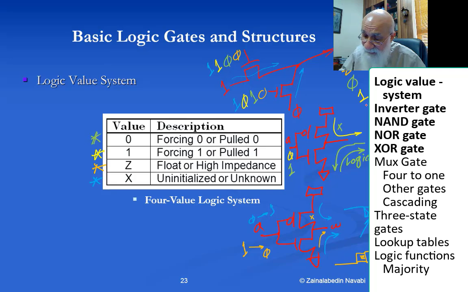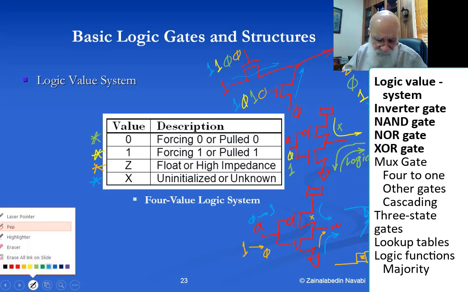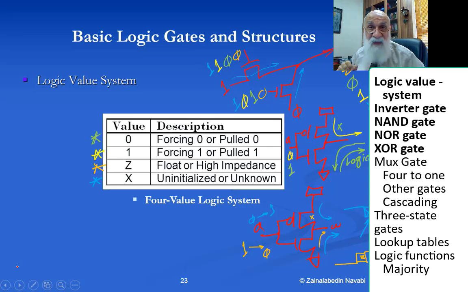Well, I represent that with an X, which means a conflict or something bad is happening. And therefore, to be able to represent all these situations, we use the 4-value system, which includes a 0, a 1, an X, and a Z.